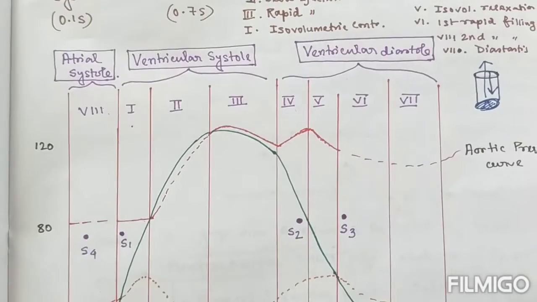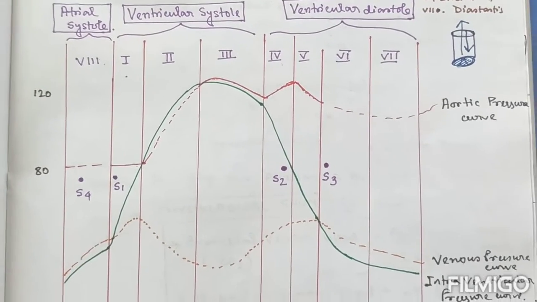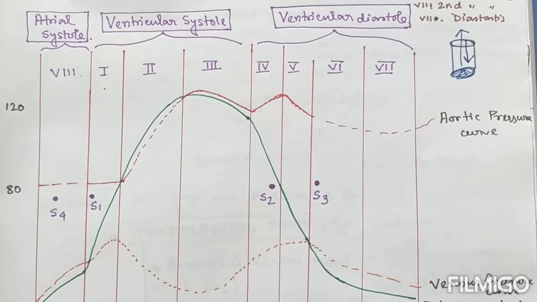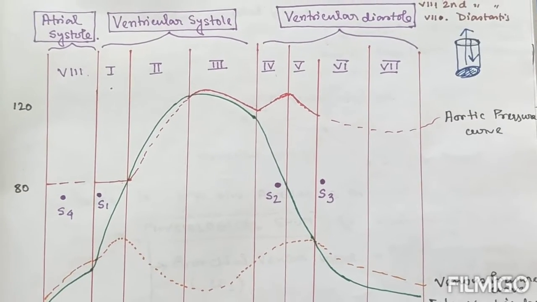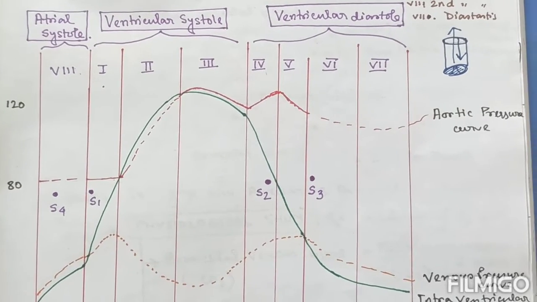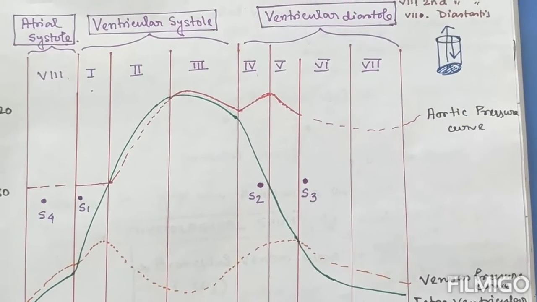Now if we want to discuss all these events, especially the ventricular events, because atrial events are so simple and there are no such complications or important features, mostly atrial events are passive in nature.